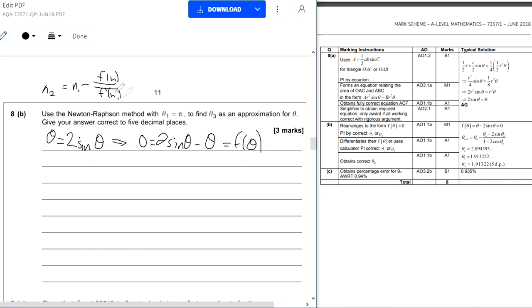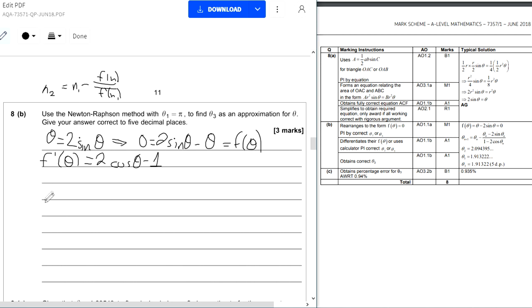Because what this does is it's trying to get to 0, trying to find what would give you the root of this equation. Then we have to find the differential of that, because that's what we need for this part. And that's not too hard. So we have 2 cos theta, and then minus theta, that's just going to differentiate to minus 1.